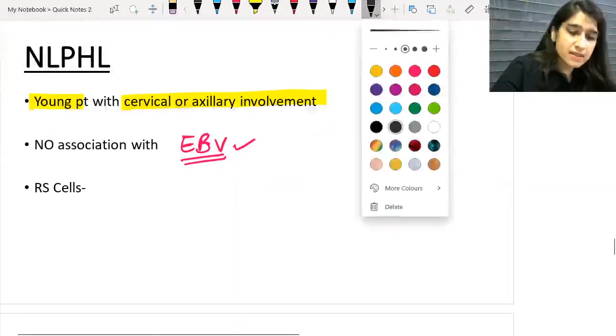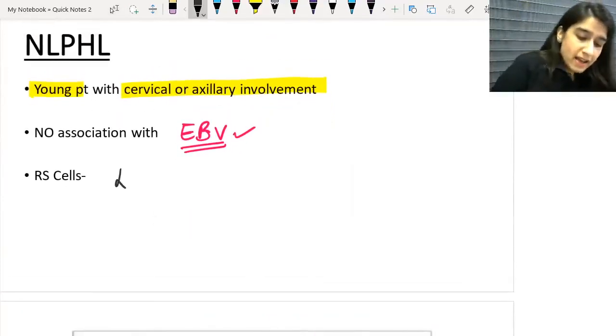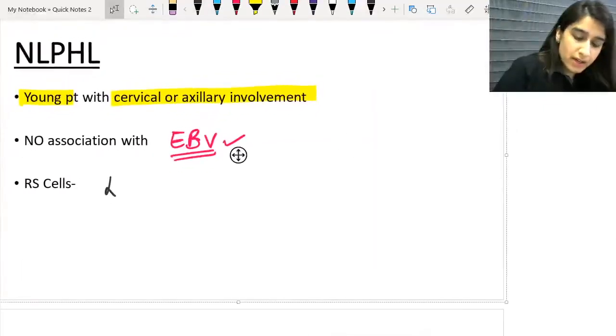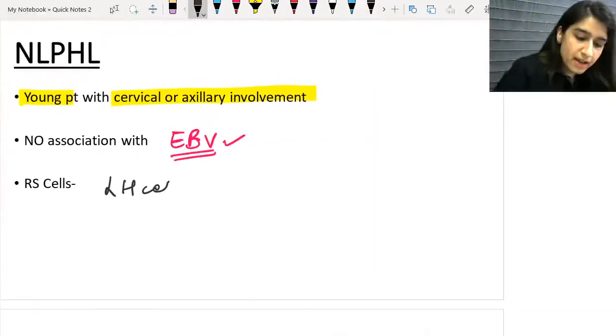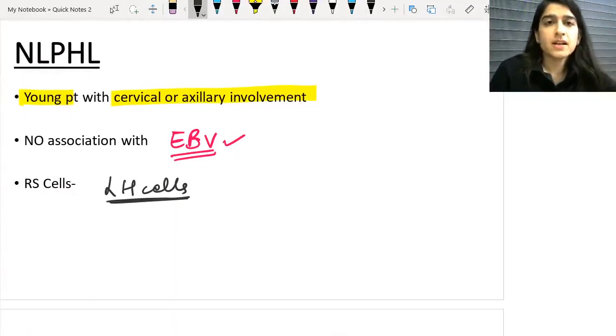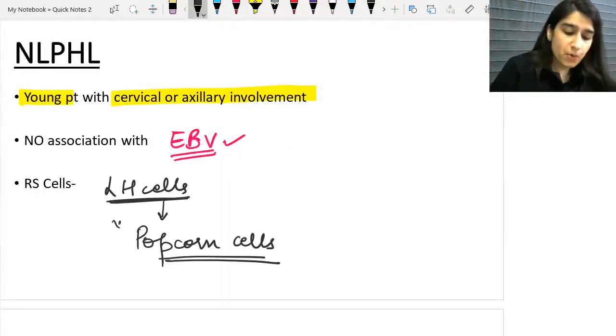In such cases, which kind of RS cells are seen? They are called LH cells, also known as the lymphocyte histiocyte rich variant of RS cells, and they are also called popcorn cells.